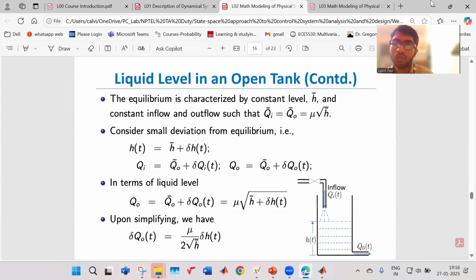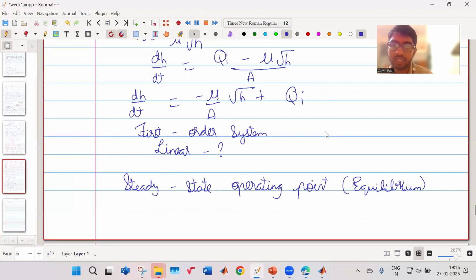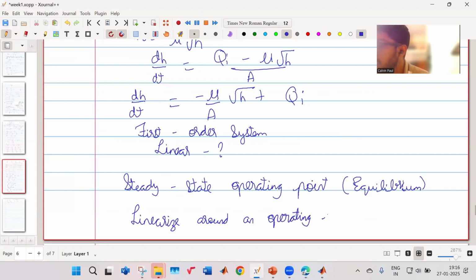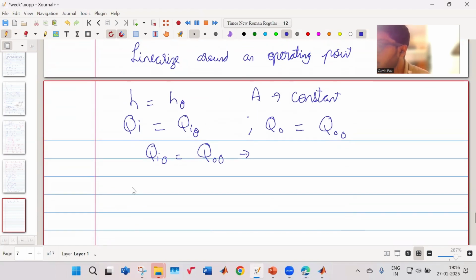Now what you have to do is linearize around an operating point. Basically, you are writing your qi as qi0 plus some delta qi.